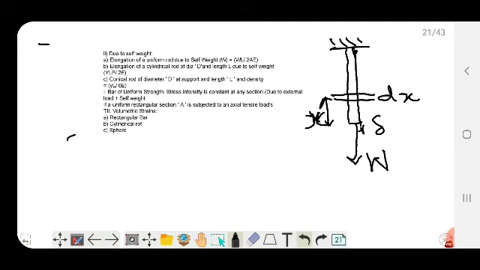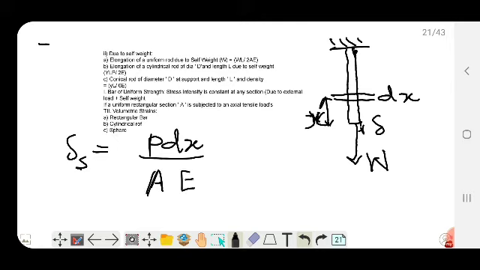You know delta of this small portion is p dx by AE, where this p is weight of the portion below this section. That weight only is making it hang.